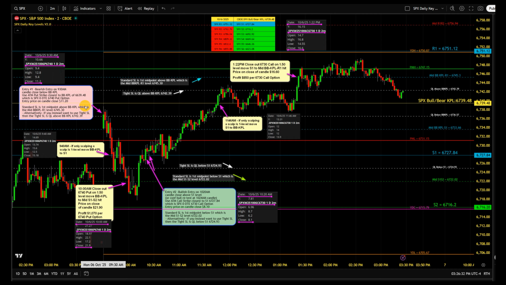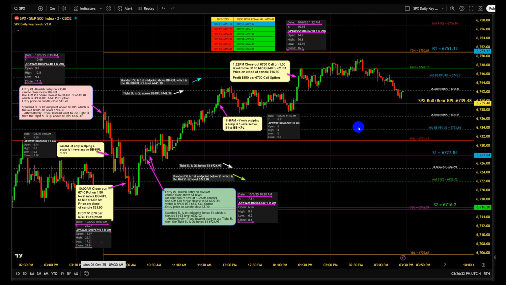So if you are the type of trader that prefers quick scalps, then your take profit on this trade is going to be a one level move. And that one level move is calculated from the level that the trade is derived from, in this case the bull bear KPL, and since it's a bearish trade, it would be one level below.